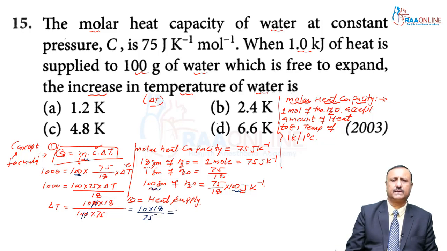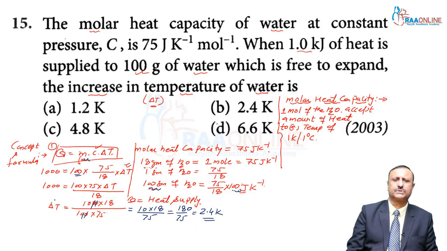This is the delta T, my dear students: 180 upon 75, which gives 2.4 Kelvin. This is your answer, 2.4 Kelvin.